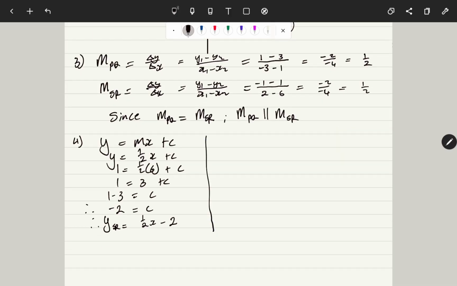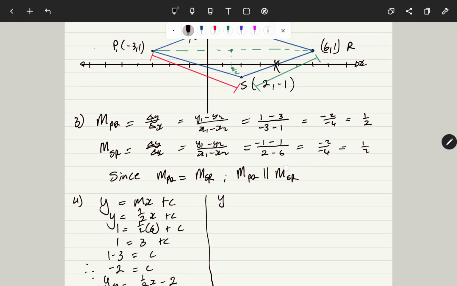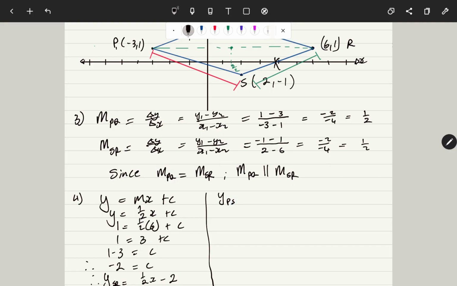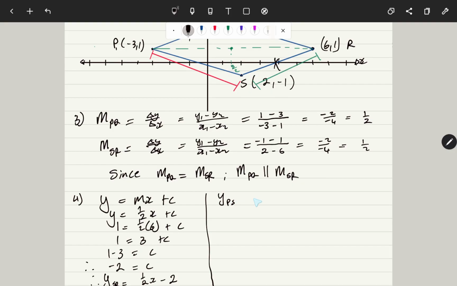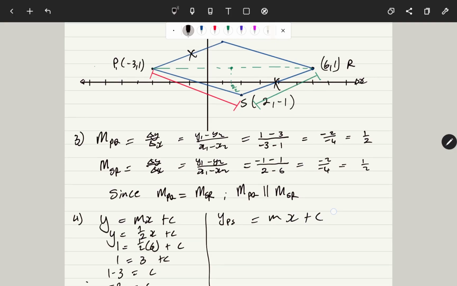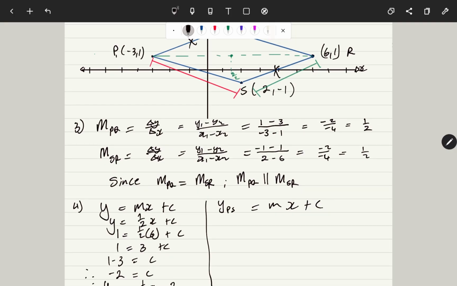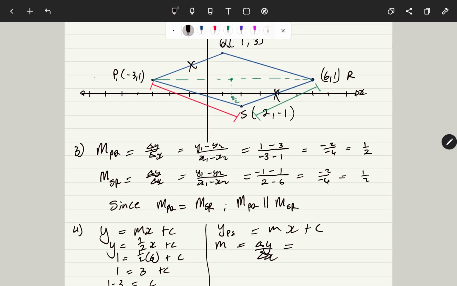Cool. So now let me find the equation for PS. First, I can just find the gradient, then use mx plus c. The gradient is changing y over changing x, that's y1 minus y2 over x1 minus x2.